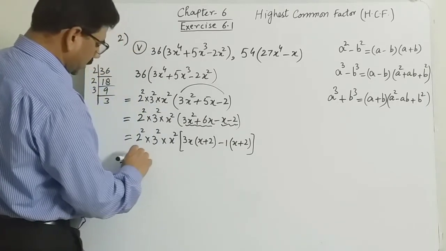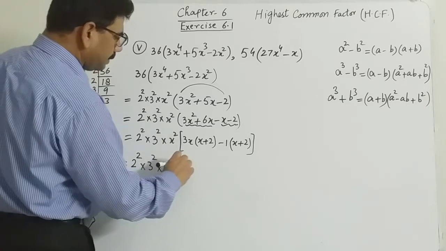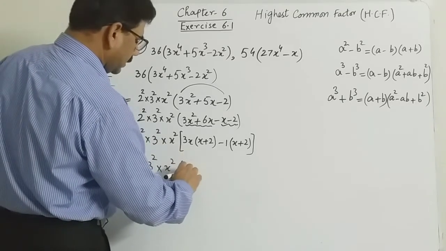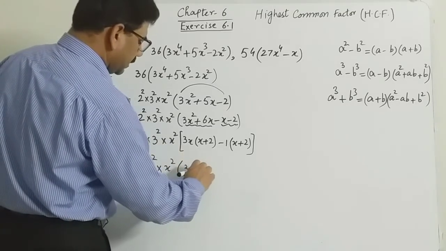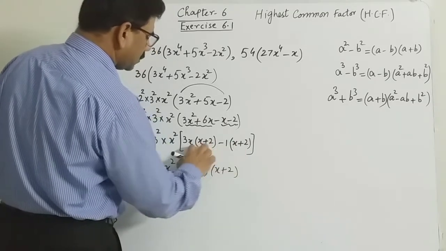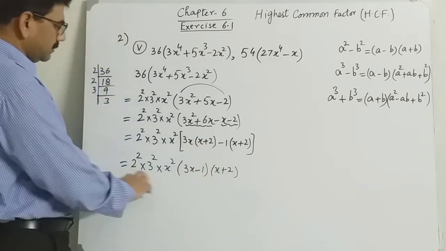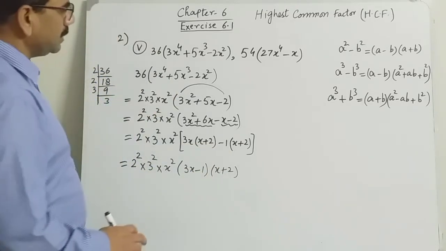Now 2 square multiplied by 3 square multiplied by x square and 3x minus 1 multiplied by x plus 2, because x plus 2 is the common factor and the remaining expression will be 3x minus 1. This will be the factorization of the first polynomial.